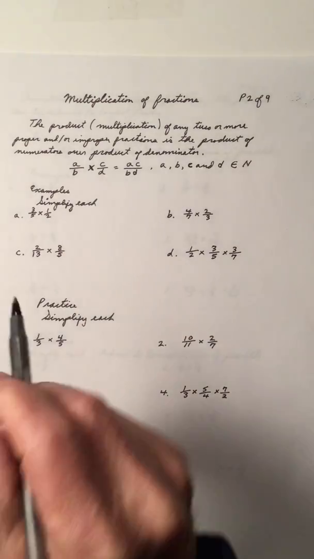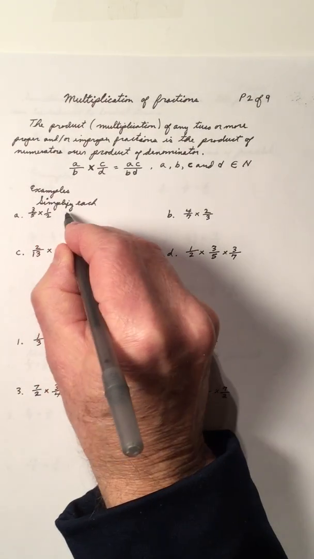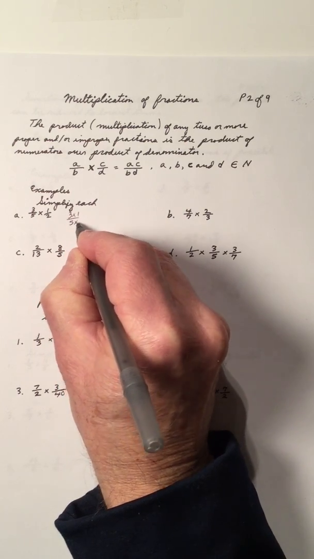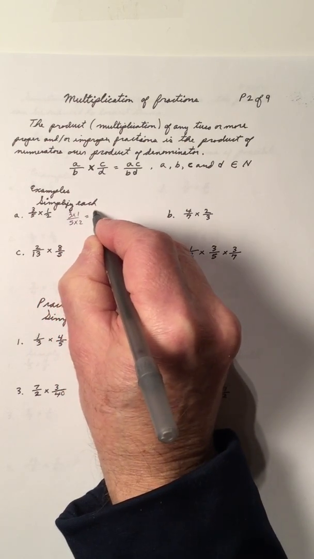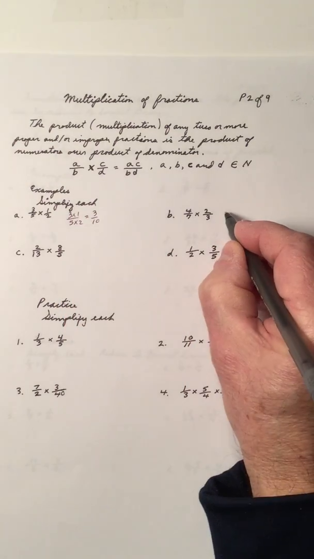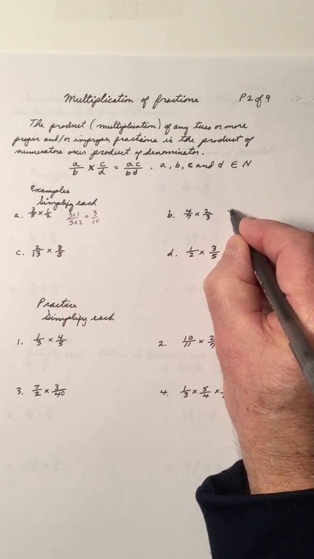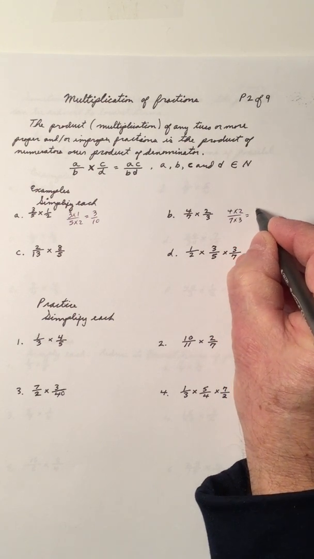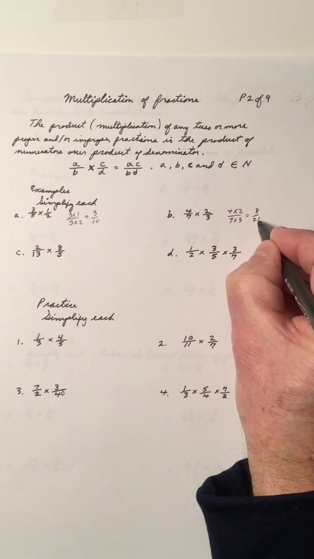Simplify. Let's do A. 3 times 1, 5 times 2. That gives me 3 over 10. 4 times 2, 7 times 3, 8 over 21.